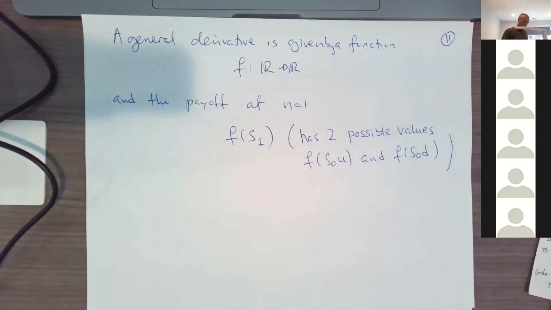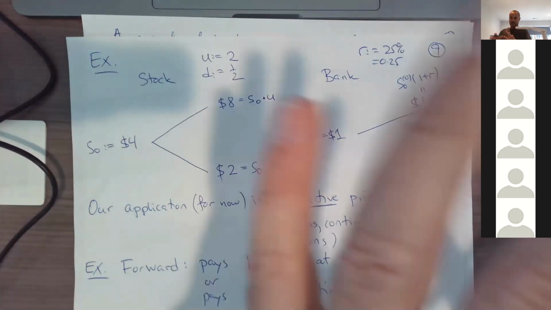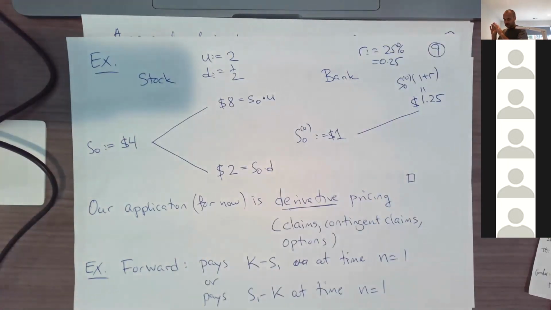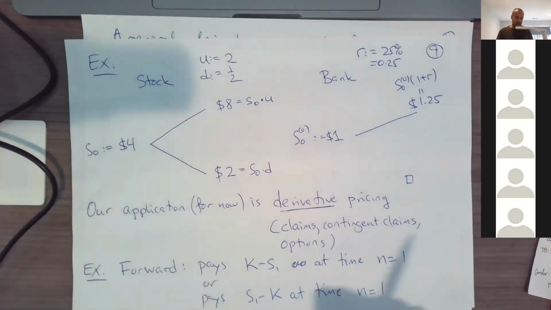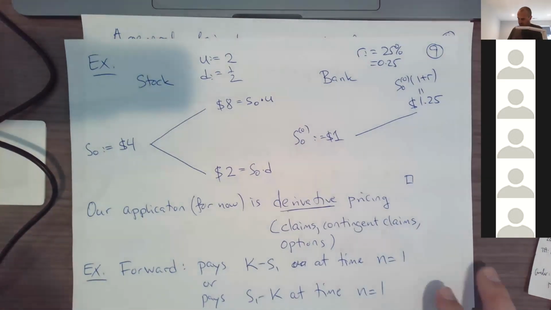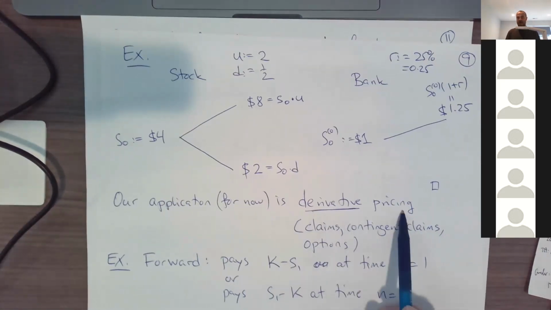Now the question in derivative pricing is, given such a function, so you have the stock dynamics, you have the bank dynamics, so U, D, and R, and you have a function, what is the price at time 0 for that derivative? This is what derivative pricing is about.